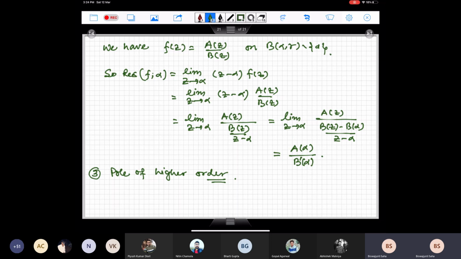Of course, this formula will be true for m equal to 1 also.